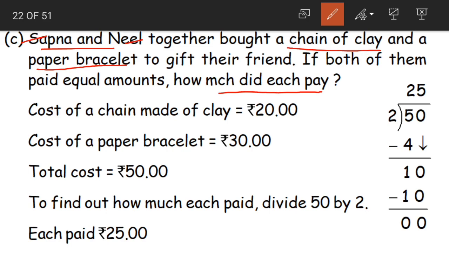First, to find that out, we have to find the total cost of the items, the cost of the chain and also the bracelet. Now the cost of the chain here is 20 rupees and the cost of the paper bracelet is 30 rupees.